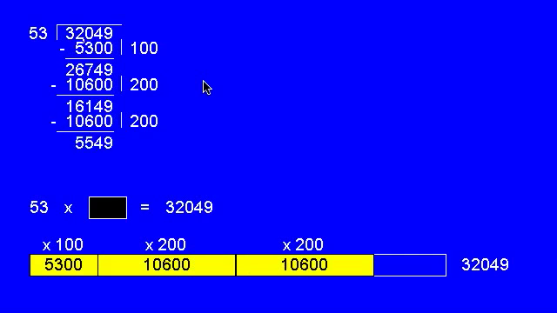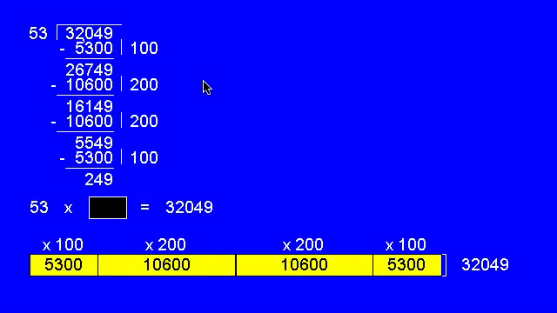So we can do another 100. Okay, remainder 249. Okay, so we can't do multiples of 100. So, and we can't do multiples of 10. That would be too high.